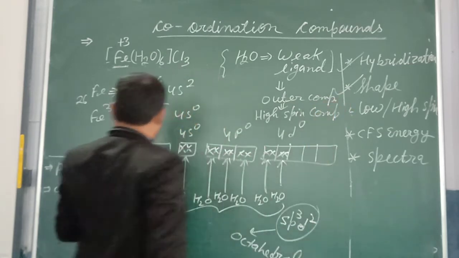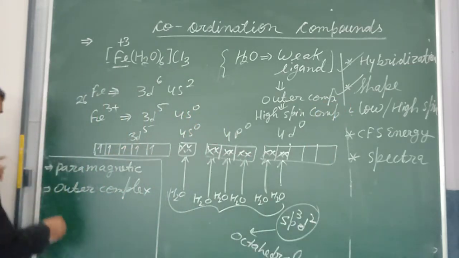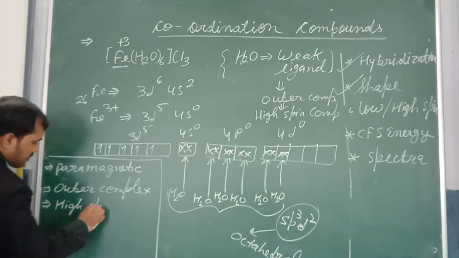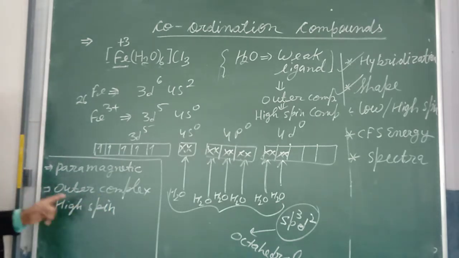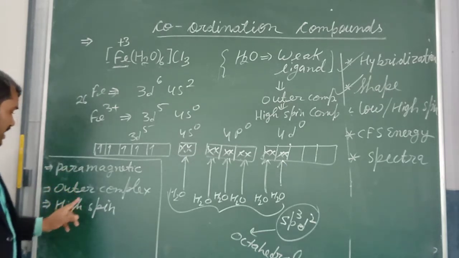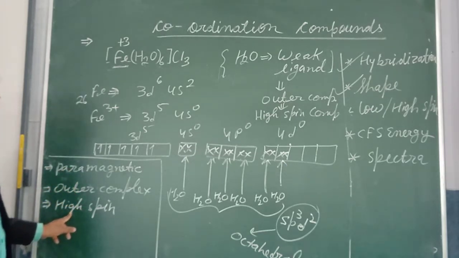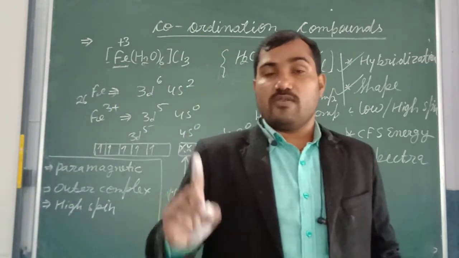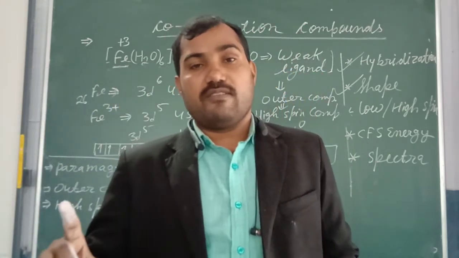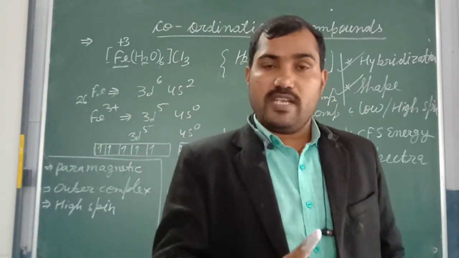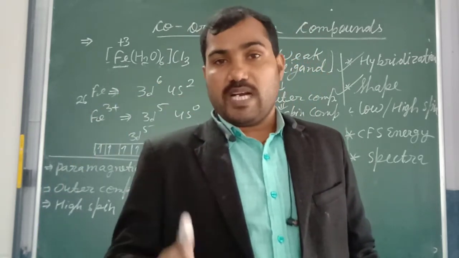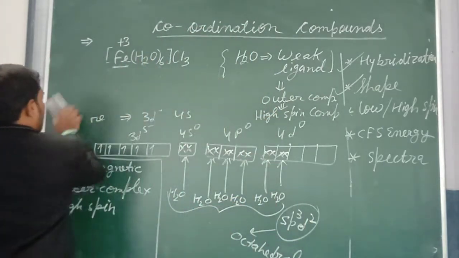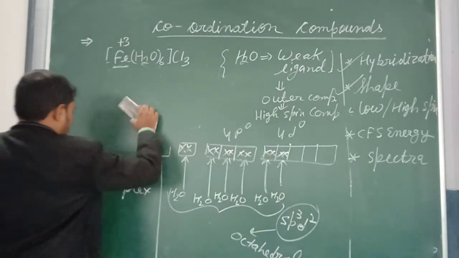Understood, my dear? So this is a weak ligand: outer complex and high spin. Paramagnetic, outer complex, high spin. Clear, my dear? Now we will see with the help of crystal field theory what is the electronic configuration, what is the spectra, and what is the crystal field stabilization energy. Everything you will see here. Okay, my dear? So please wait.